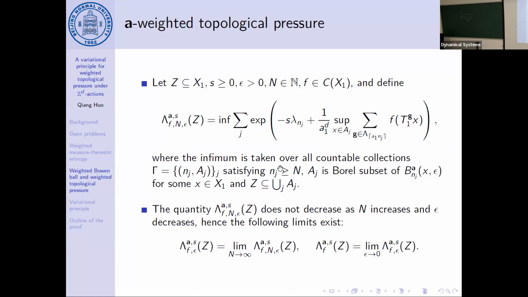Kind of collections, gamma equals {n_j, A_j}, okay. And create some possible n_j. The infimum is taken over also n_j. A_j is a cover. So the infimum of n_j. Where is the infimum? Here.